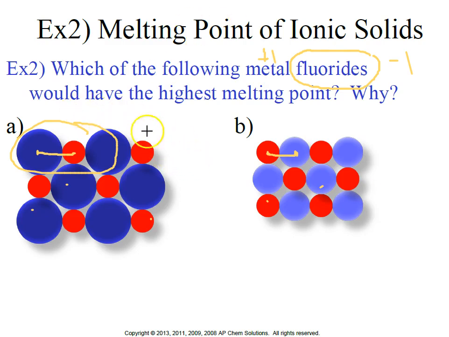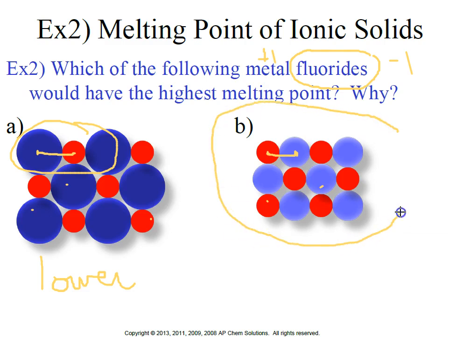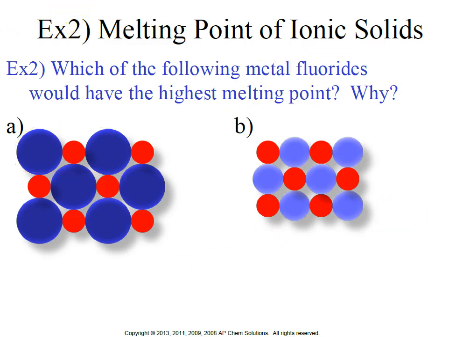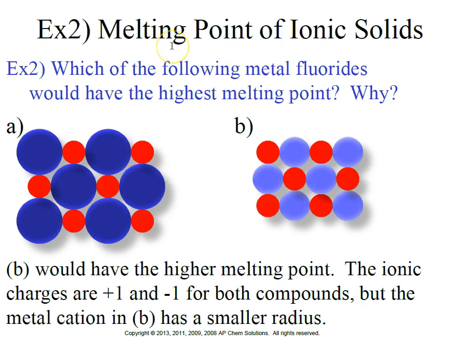So that would make your melting point lower in A, because you have a weaker attractive force, whereas these in B, because they can pack in closer together, are going to have a stronger attractive force and a higher melting point. And there's your explanation written out again at the bottom.